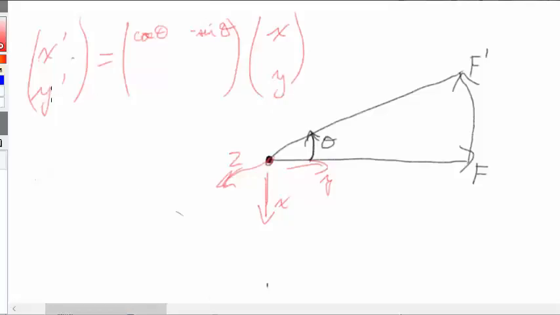And your new y, called y prime, will be the sine of the angle that you've turned times x plus the cosine of the angle theta times the old y.